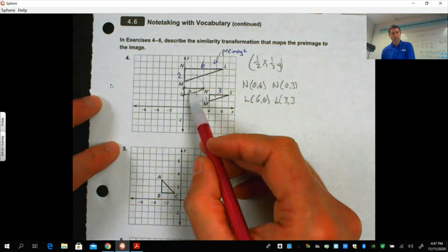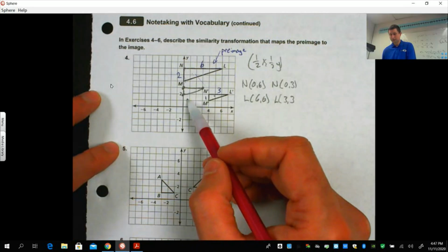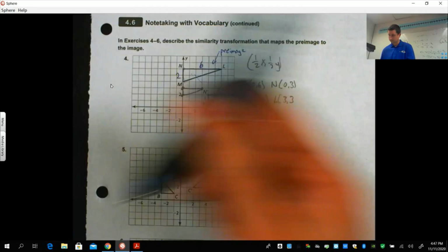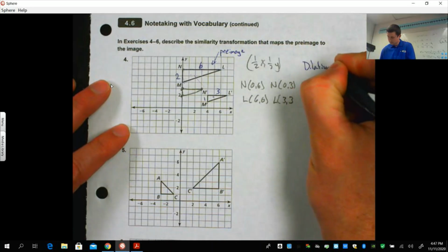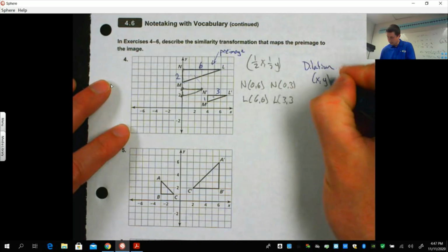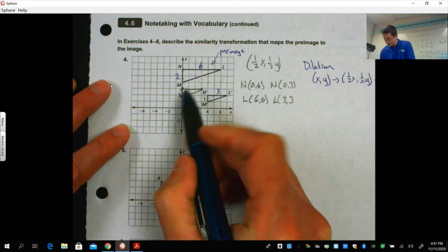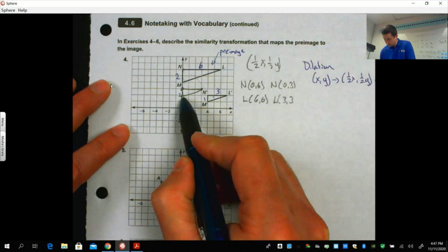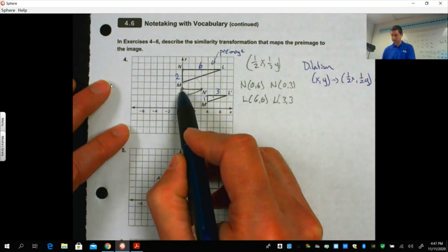Now, if things are positioned pointing in the same direction, then you can do a translation to get it going in the right way. So we're going to have a dilation, and we're going to say xy goes to 1/2 x, 1/2 y. And now I need to translate down 1 and over 4. So I look at my corresponding points.